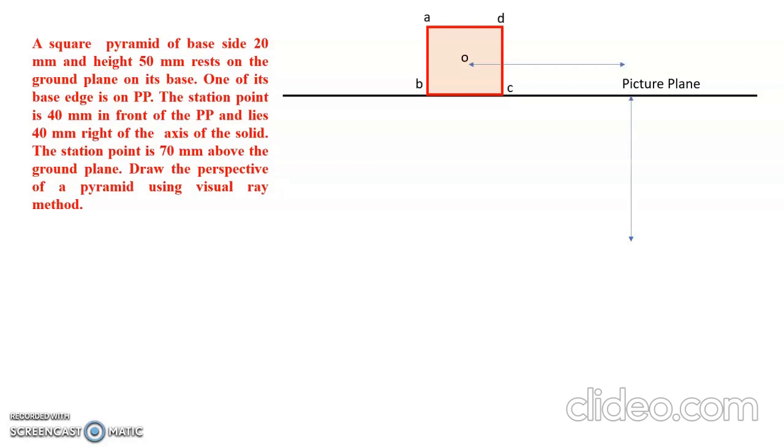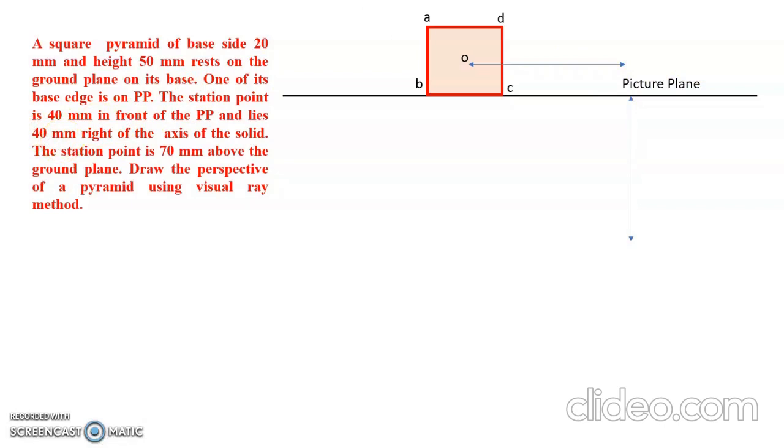and then we need to draw the station point. The station point here is to the right of the axis of the solid. From O, it is some distance to the right of the axis, that is from O we need to fix the station point to the right of the O. The distance is given, that is 40 mm right of the axis.